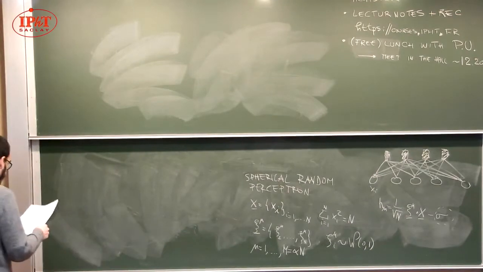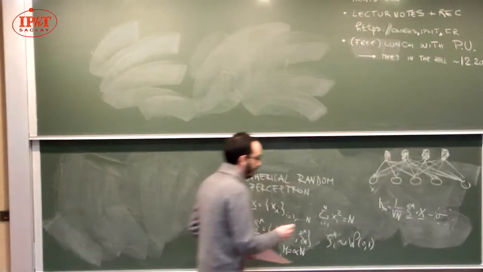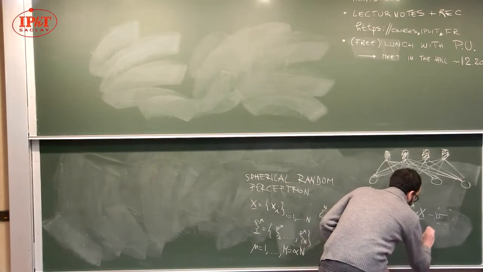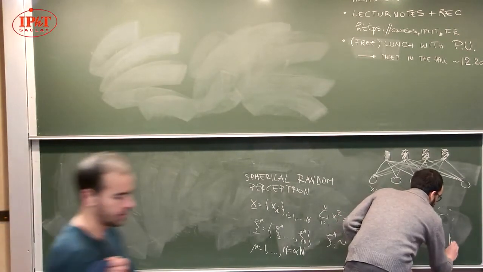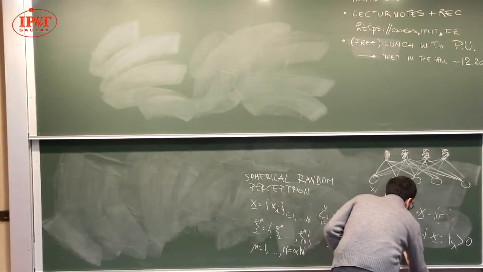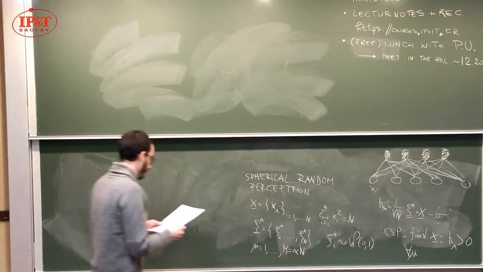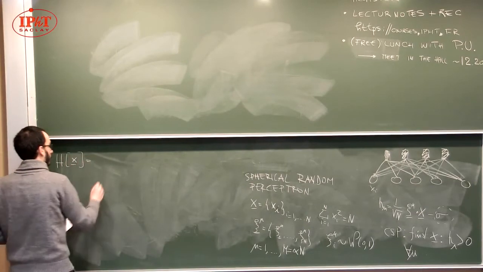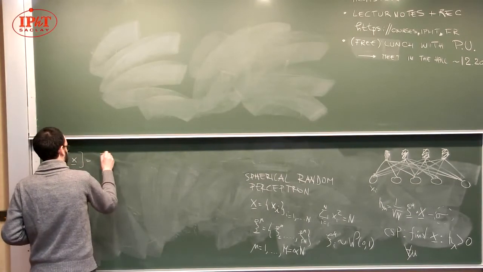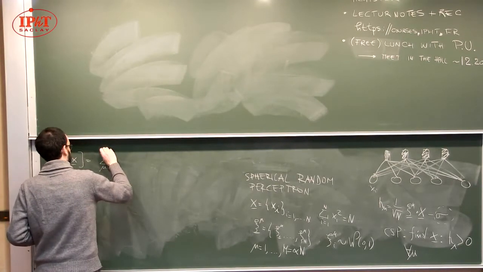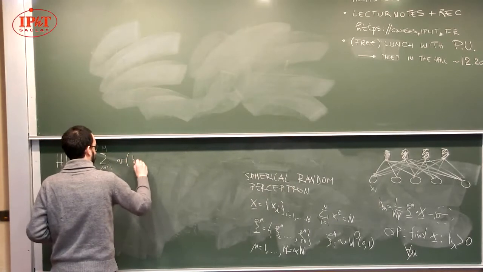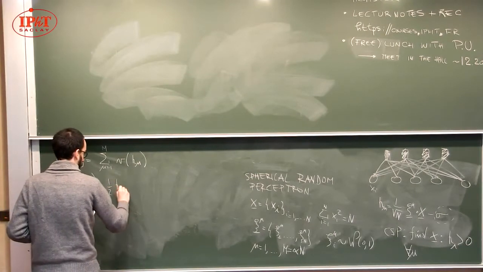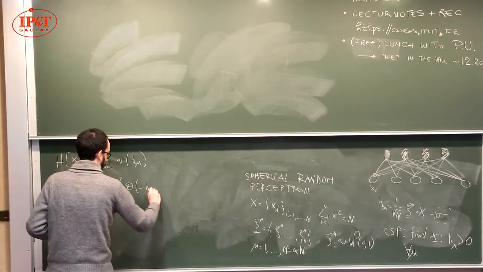So the CSP, the constraint satisfaction problem, is: find x such that h_mu is greater than 0 for all mu. You can define a Hamiltonian.